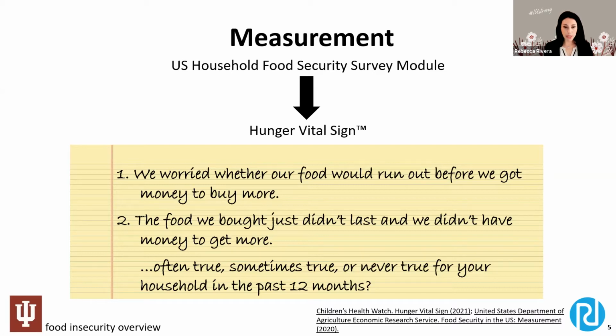What I want to point out here is that this first question covers more of the lesser severe aspect of food insecurity, which is worry and anxiety over accessing food. But then the second question covers more of the severe form of food insecurity, which is, like I mentioned, disruption in food intake, and also this financial strain of not being able to afford more food.